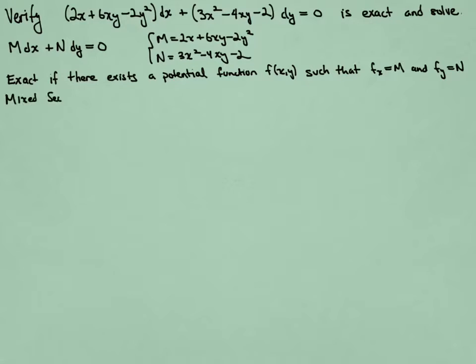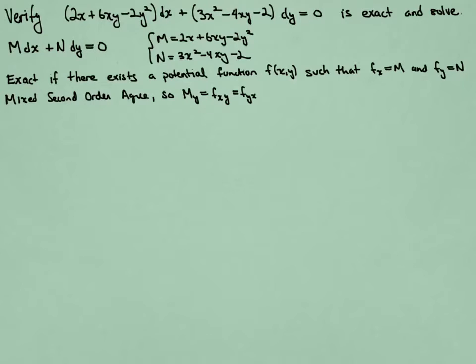In order to check if it is in fact exact and there is a potential function, we use the fact that mixed second order partial derivatives should agree. If I differentiate M with respect to y, and there really is a potential function, I would be differentiating f_x with respect to y, and I'd be looking at a mixed second order partial derivative of this potential function.